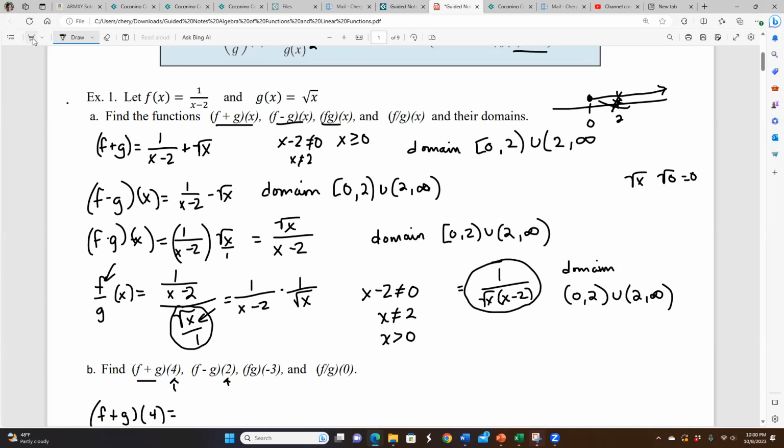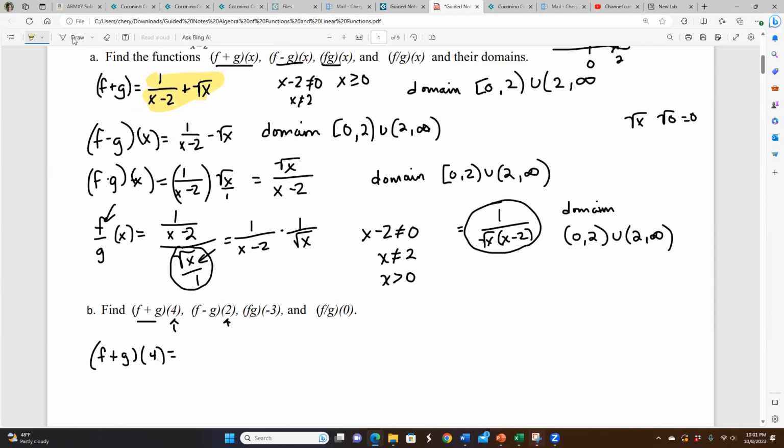Here's our f plus g function right here. So we're going to substitute in a 4 for that function. 1 over 4 minus 2 plus the square root of 4. So that will give us 1 over 2 plus 2, or 2.5.